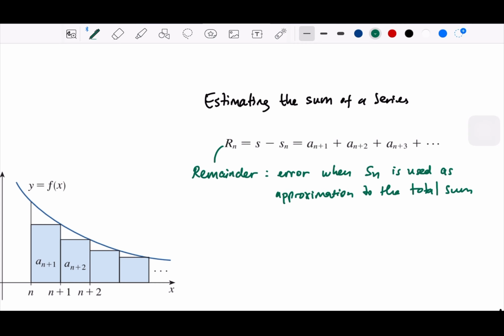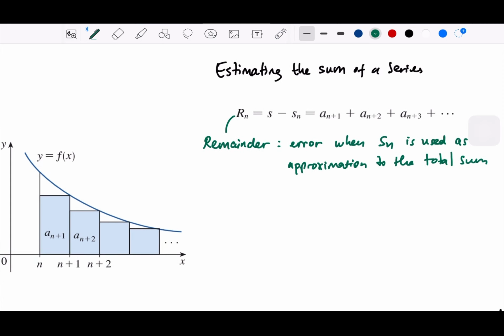But if you understand what the remainder is, I think it should be okay. So the smaller the error is, the Rn, if we are getting close to 0, then we are going to have a really good approximation or accuracy.